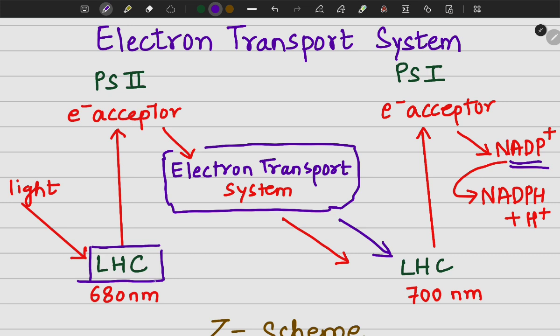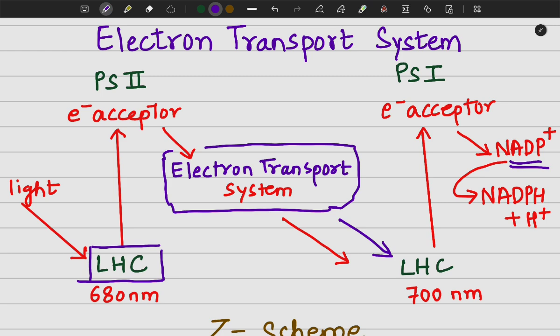Hence no more electrons are available on the light harvesting complex. So to compensate this loss of electrons in the photosystem 2, some more electrons are generated and these electrons are provided to the photosystem 2 to compensate for the loss of electrons.